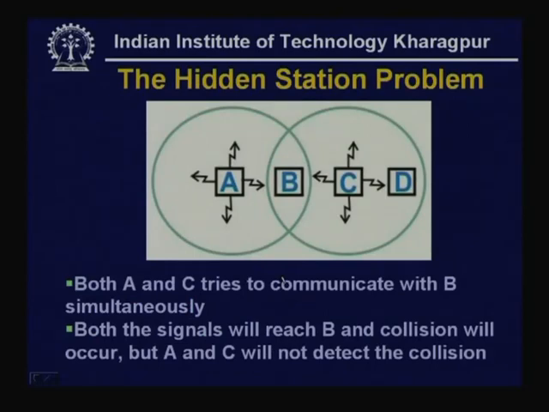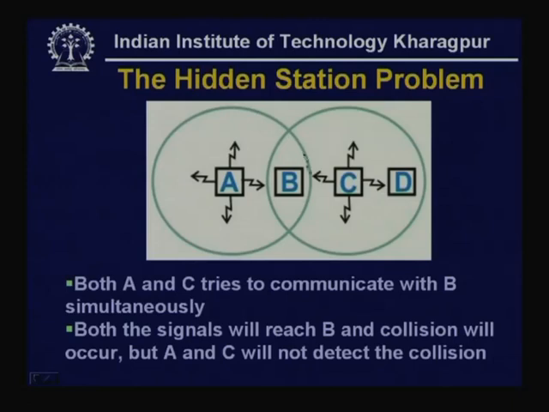Let us first discuss the hidden station problem. Here, as you can see, station A is transmitting some signal, and this circle shows the range over which the signal is received properly, and beyond that the signal is very weak, and particularly the signal to noise ratio will be very small and the signal cannot be detected properly.